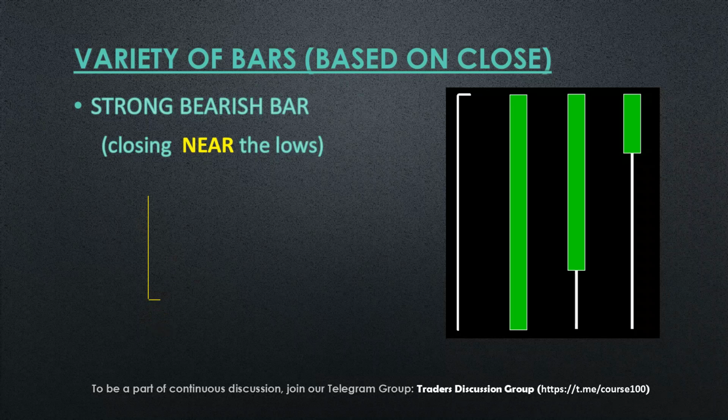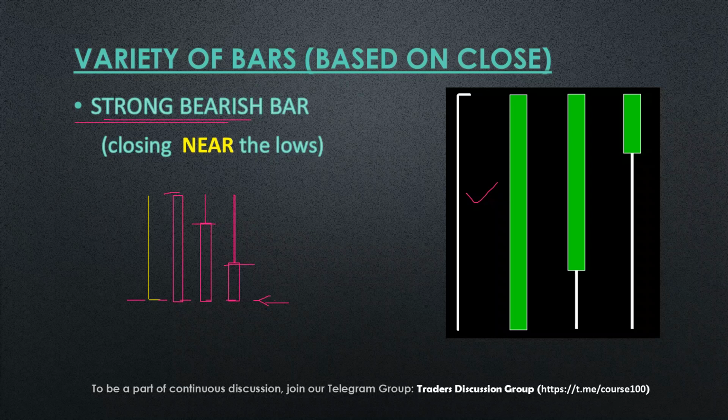My bar will be like this, a complete red bar, or a bar like this with a wick above it, or a bar like this with a wick above it. Just exactly the reverse of what is shown here. My close will be the same, whereas the opening price of the candle may differ. So if my close is near the lows, then I'll say it's a strong bearish bar.